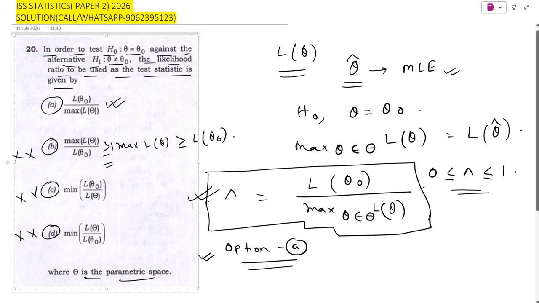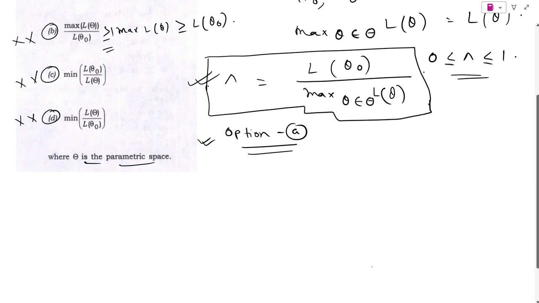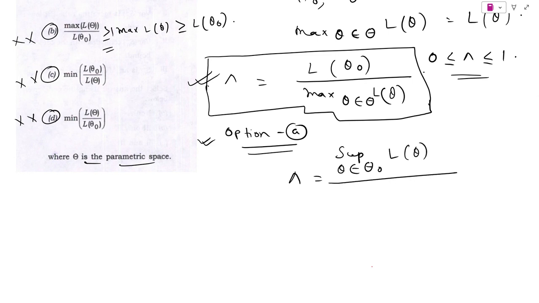For a composite null hypothesis, the same idea extends naturally, where the numerator is maximized only over the parameter values allowed under H0, while the denominator is maximized over the entire parameter space. Okay, so is everything clear?